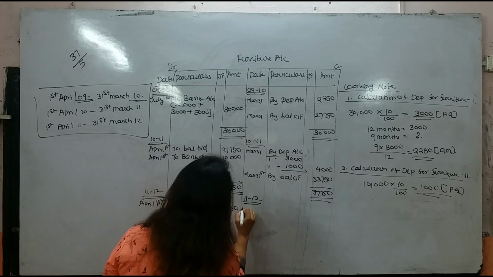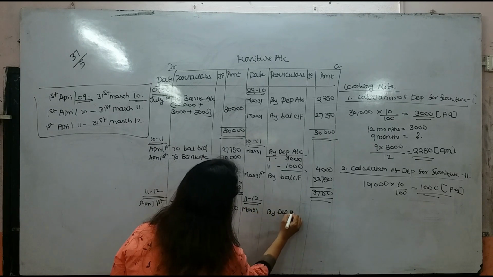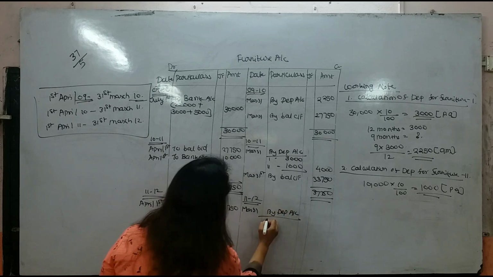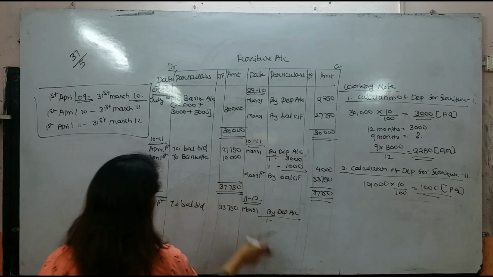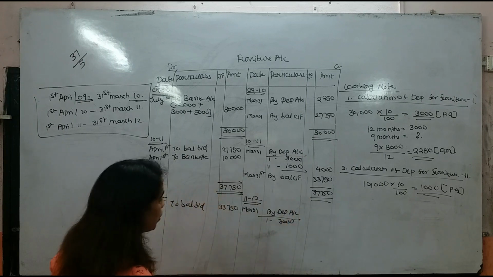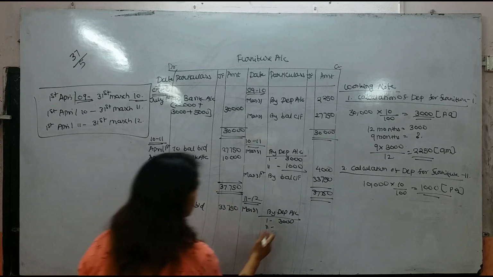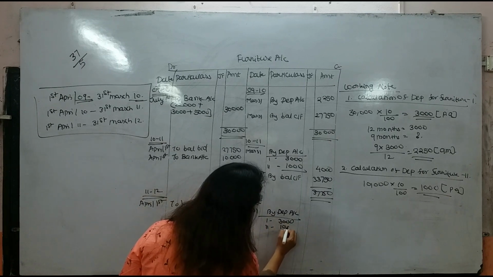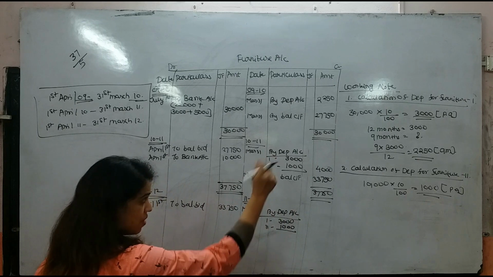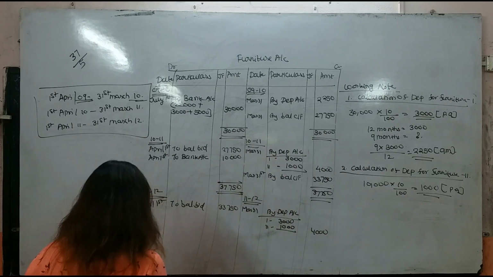So simply on the last day of the year we need to calculate depreciation. Okay, so the first furniture we have used from April to March, so depreciation will be 3,000. Second furniture also we used from April to 31st March, so depreciation will be 1,000. Already we have calculated, so depreciation will be 4,000, right?